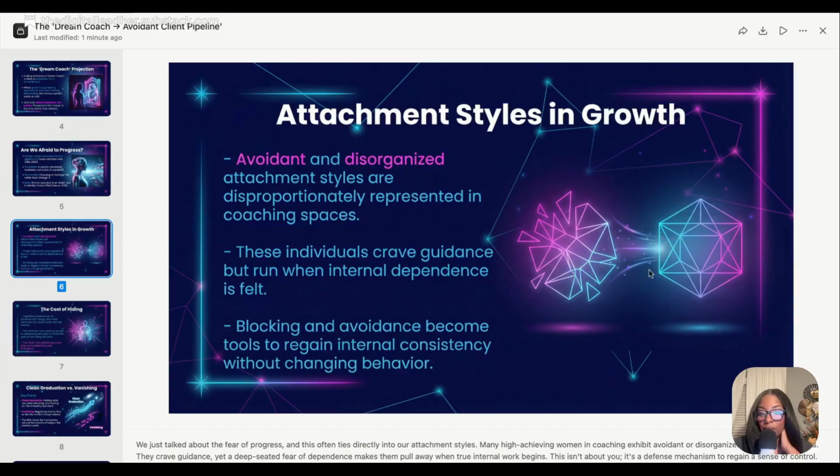Attachment styles and growth. Now, this is really gonna be key. Avoidant and disorganized attachment styles are disproportionately represented in coaching spaces. This is okay. Just think about this as you guide your people. These individuals crave guidance but run when internal dependence is felt. So blocking and avoidance become tools to regain internal consistency without changing behavior.